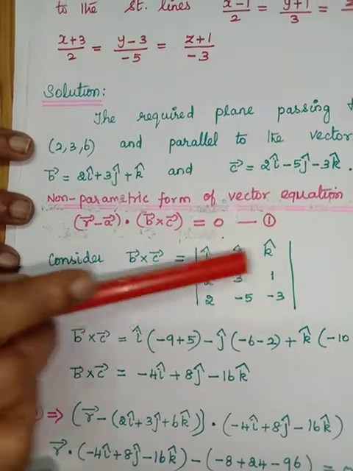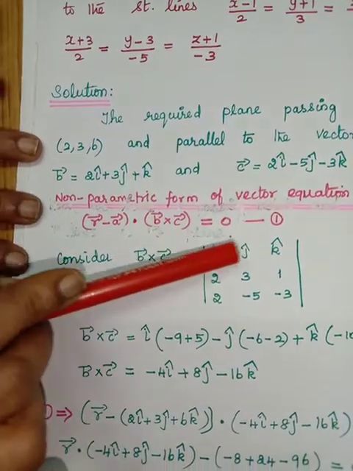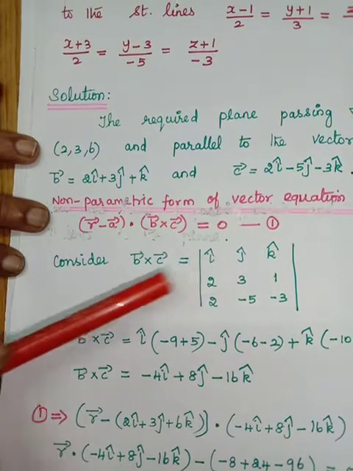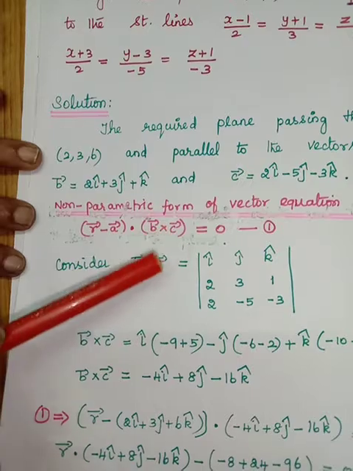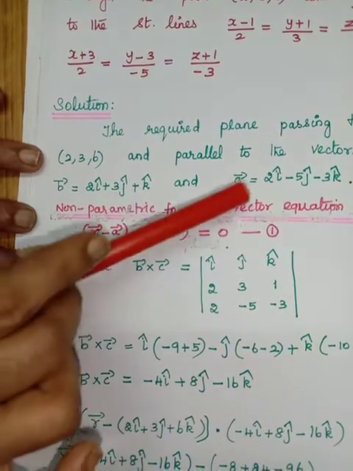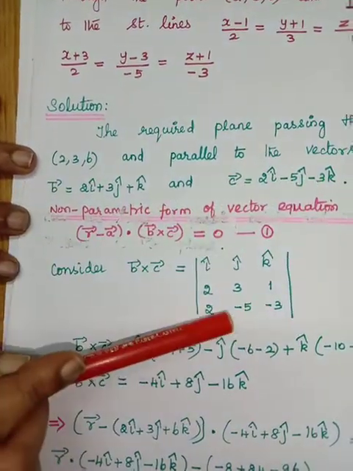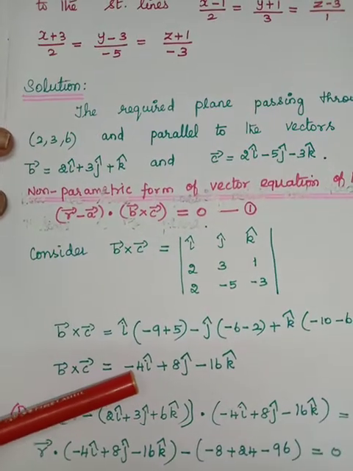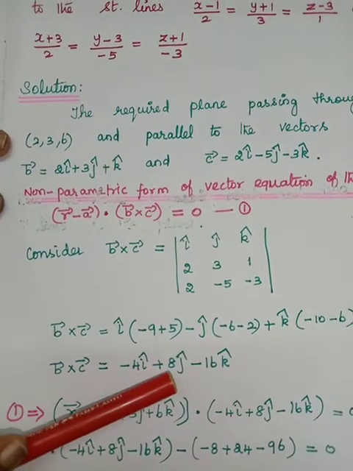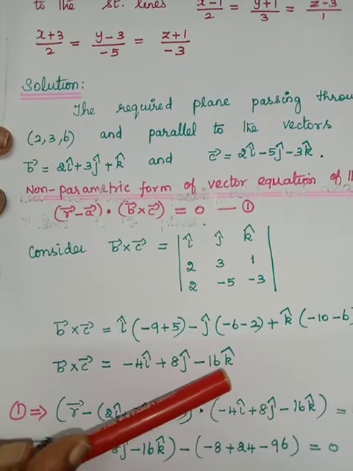It is nothing but the determinant: i vector, j vector, k vector, and the components of B are 2, 3, 1, and next the components of C vector are 2, minus 5, minus 3. When you evaluate, you will get the answer as minus 4i cap plus 8j cap minus 16k cap.